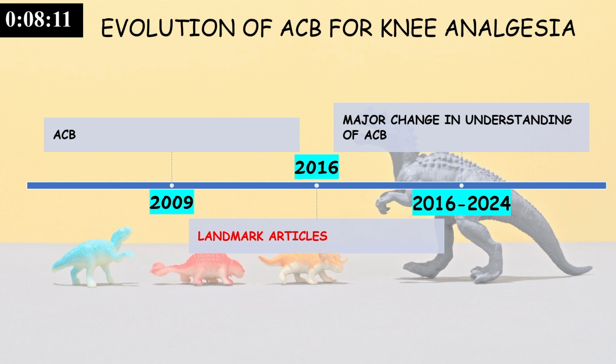So how has the adductor canal block evolved over a period of time for knee analgesia? It was introduced first in 2009, and from 2009 to 2016, its importance for knee analgesia became more and more important.